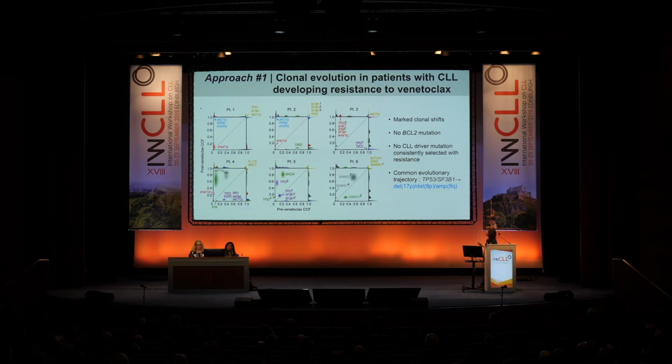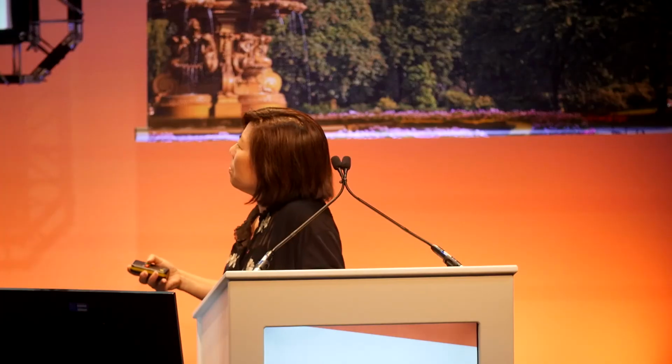We didn't see any consistent CLL driver that was selected for resistance, although we did see this interesting pattern in patients 1 and 2, where both of them had clonal SF3B1 and TP53, and both had a rising subclone that had deletion 17p, del 8p, and amplification of 8q. So interesting, but certainly nothing unifying that we could put our heads around.